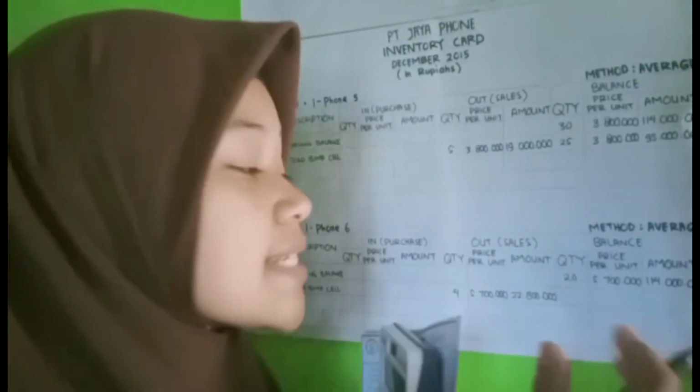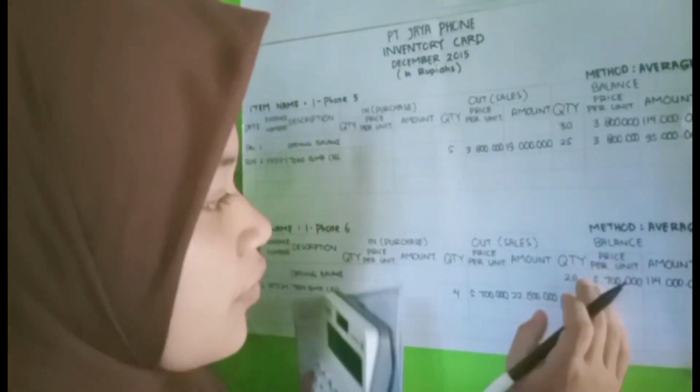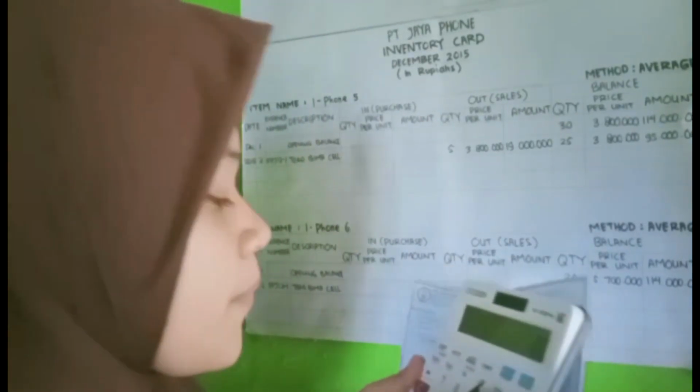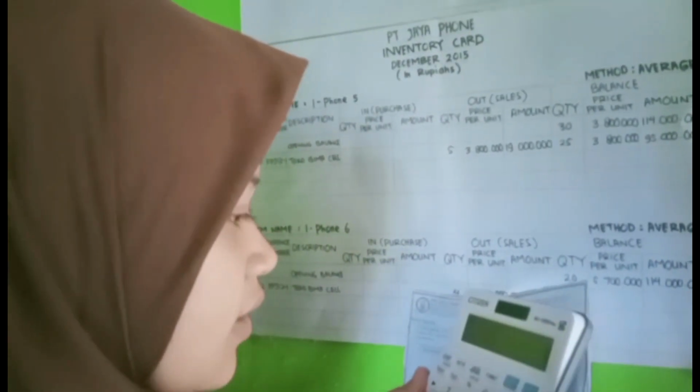For the balance column, quantity 20 minus 4 equals 16.